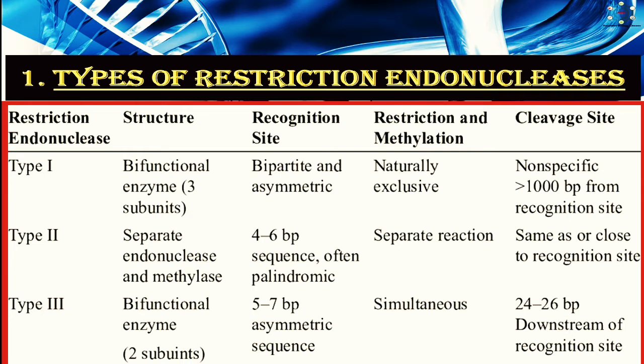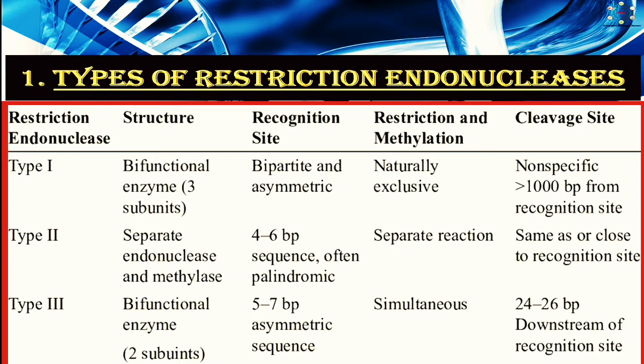Now, type 1 is a bifunctional enzyme with 3 subunits, and the recognition site is bipartite and asymmetric. Restriction and methylation in type 1 are mutually exclusive, and the cleavage site is non-specific, more than 1000 base pairs from the recognition site. In type 2, there are separate endonucleases and methylases, and the recognition site is a 4 to 6 base pair sequence, often palindromic.